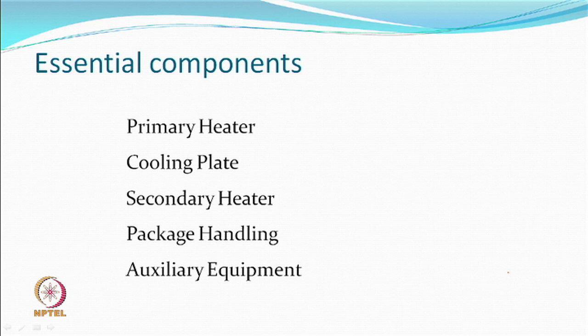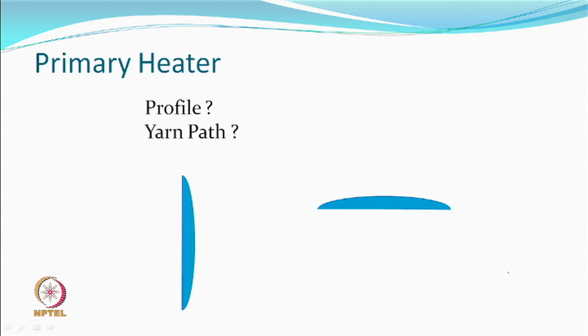And some auxiliary equipment, because of whatever we have learnt from the discussion that we have had before on friction texturing. So, the primary heater has the function of initially doing the texturing.